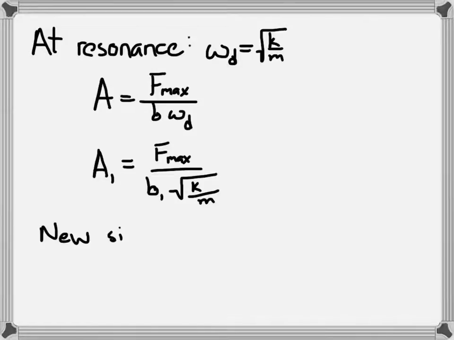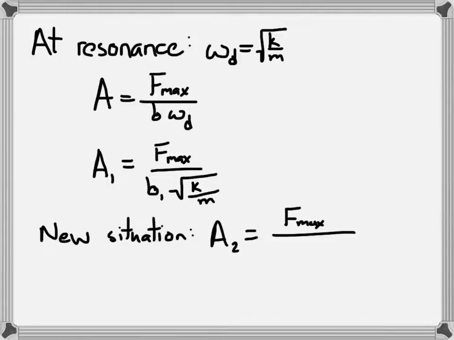Now I have a new situation. Let's call that A2. The new amplitude should be F max divided by, now instead of B1, 2B1, and then the same driving frequency because it's still at resonance, so the square root of K over M. Now I need to find a way to get this entire thing to equal some constant times this thing right here.